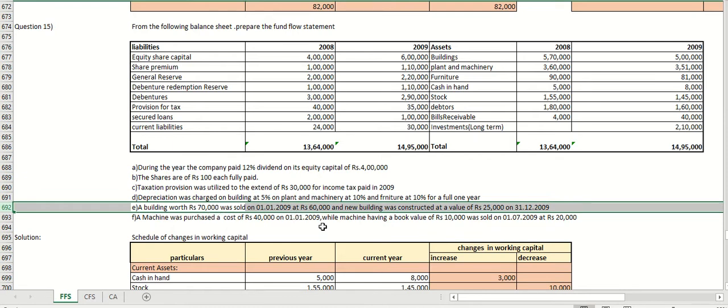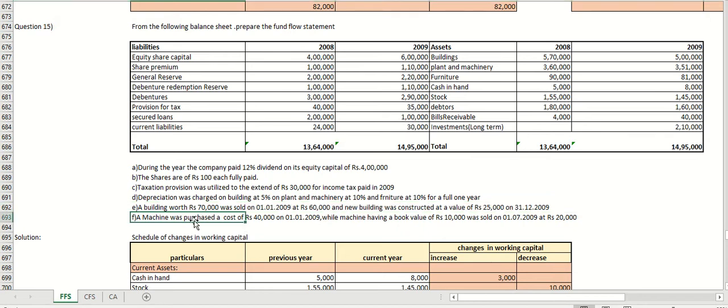This lesser value is nothing but your loss, which will be shown in your buildings ledger account as by profit and loss account, 70,000 minus 60,000, which is 10,000. And a new building was constructed, which means it is to bank account, because cash is moving out when you construct something.